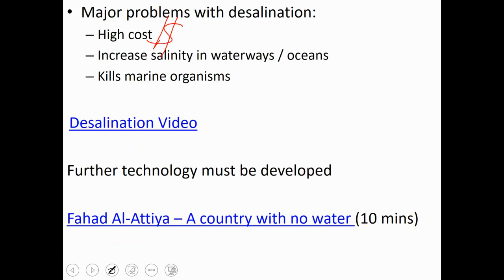The third thing is that it will kill the organisms when it's pumped into the system as well. As that water is brought into the desalination plants, it can kill the organisms as well. Okay, I'm going to post this video to watch, which is a good one. It gives kind of an overview of how we've been using it, what technology has been increasing, and still the problems that we see with it.